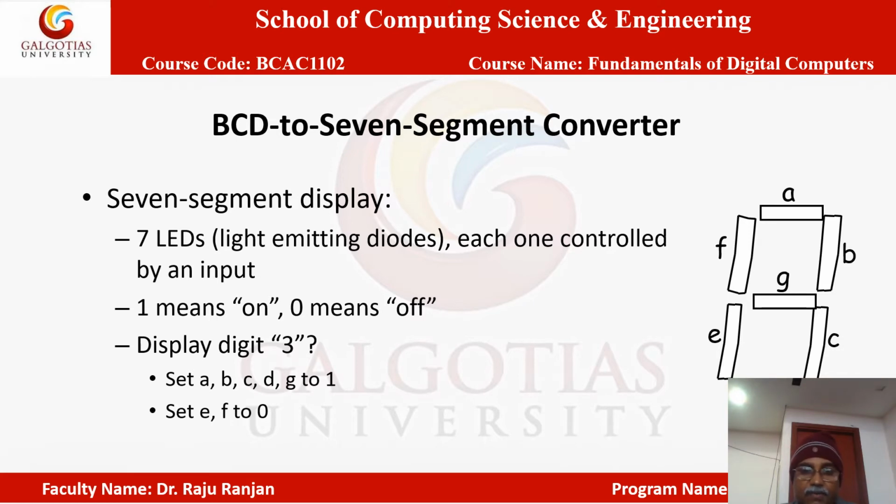Means the value of LEDs A, B, C, D, G is put to 1, and the other 2 LEDs E and F have their value put to 0. So when we put A, B, C, D, G equal to 1 and E, F equal to 0, we can see this displaying digit 3. Is it clear?